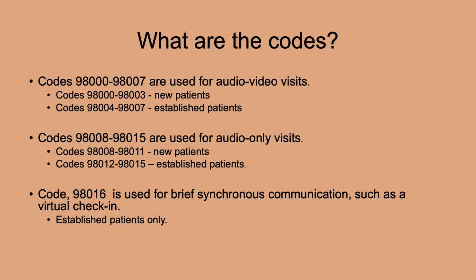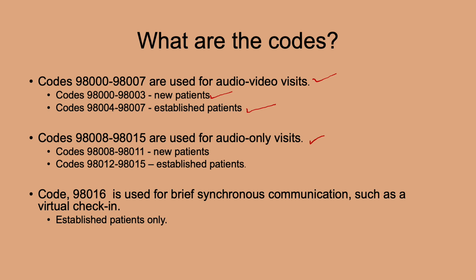So what are the actual codes? Well, we have these codes here for audio-video visits, and you have separate codes for new patients and established patients. New patients are 98000 to 98003. Established patients are 98004 to 98007.